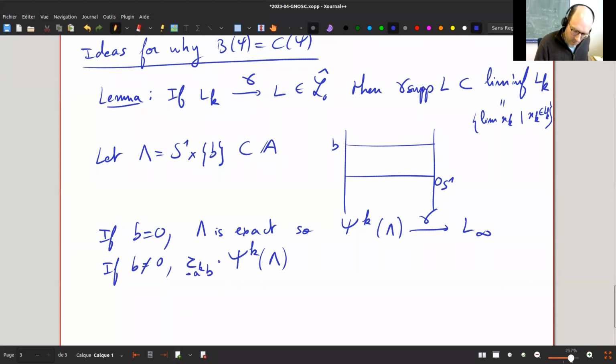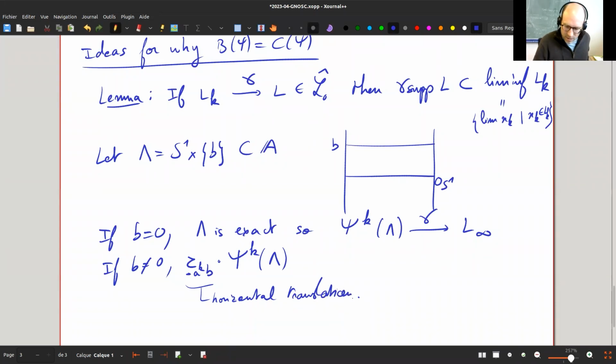That's a horizontal translation. In that case, we can show that this thing, which is exact, will converge to L infinity for gamma.